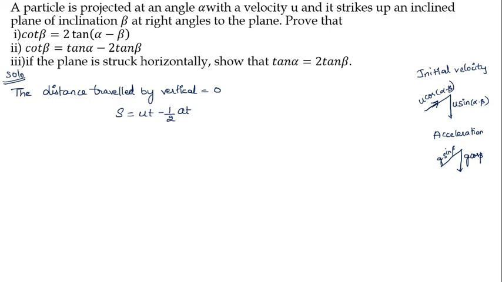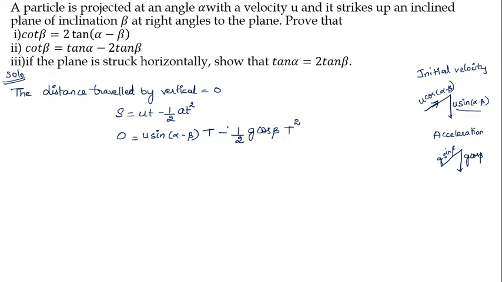We are considering that distance is 0. What is the initial velocity in the vertical direction? It is u sine alpha minus beta. Consider that capital T is the time of flight, so 0 equals u sine alpha minus beta into T minus half into g cos beta, because here the acceleration is due to gravity in the vertical direction, into T square.